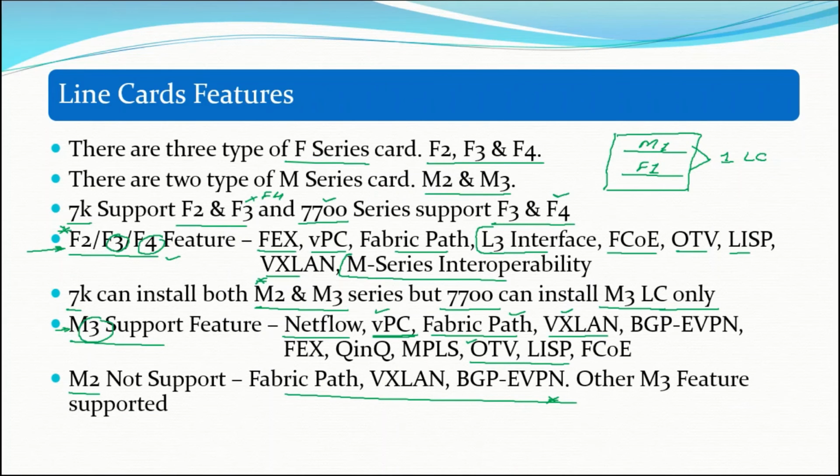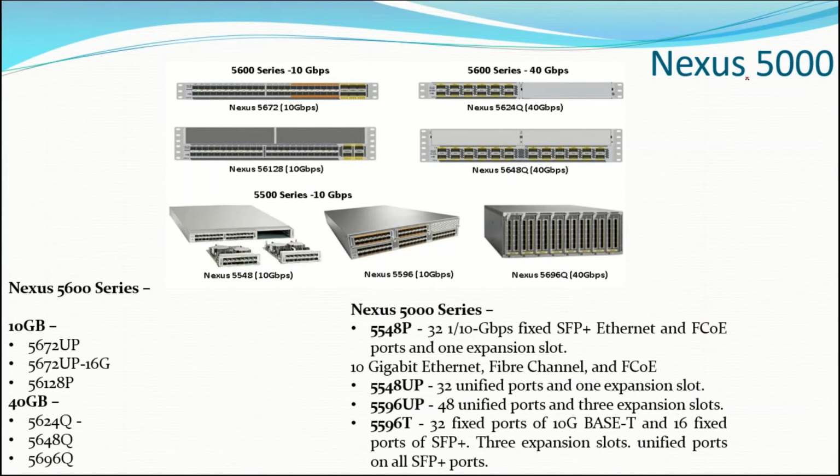So this line card we discussed. Let's move to the 5000 series switch now. As we discussed, in 5000 we have two separate series: one is called the Nexus 5000 series and the other is the Nexus 5600 series.